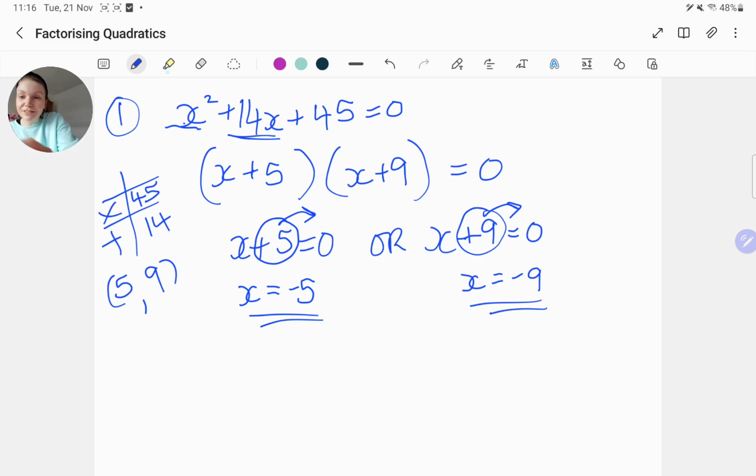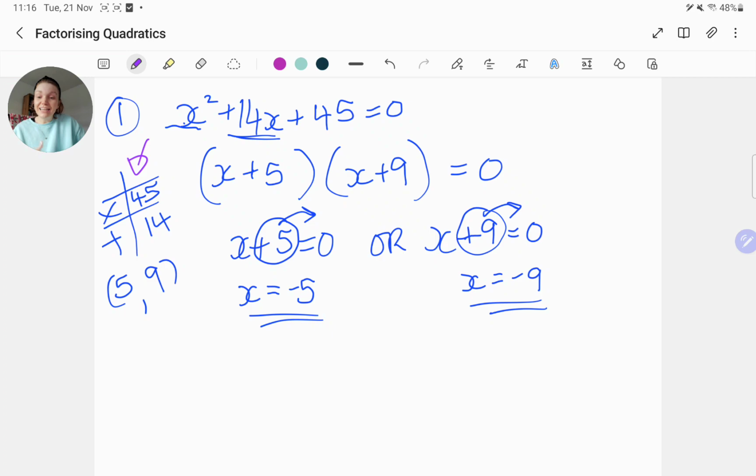There's your two values. So when you had the quadratic x squared plus 14x plus 45, we knew it was a quadratic because it's in the format of ax squared plus bx plus c. We did our product and sum, so we did our little grid down the side over here, and we multiplied to give the two outside terms and added to give the middle term.